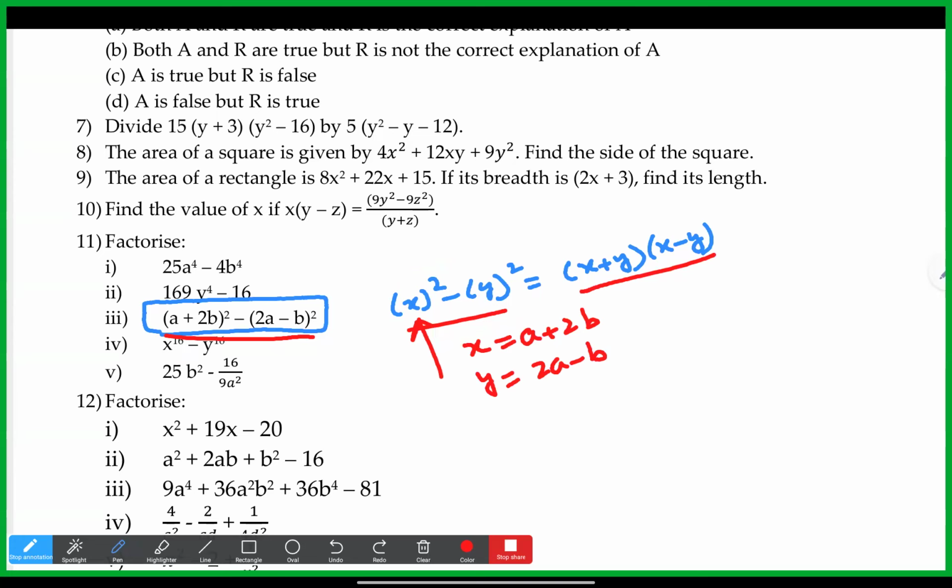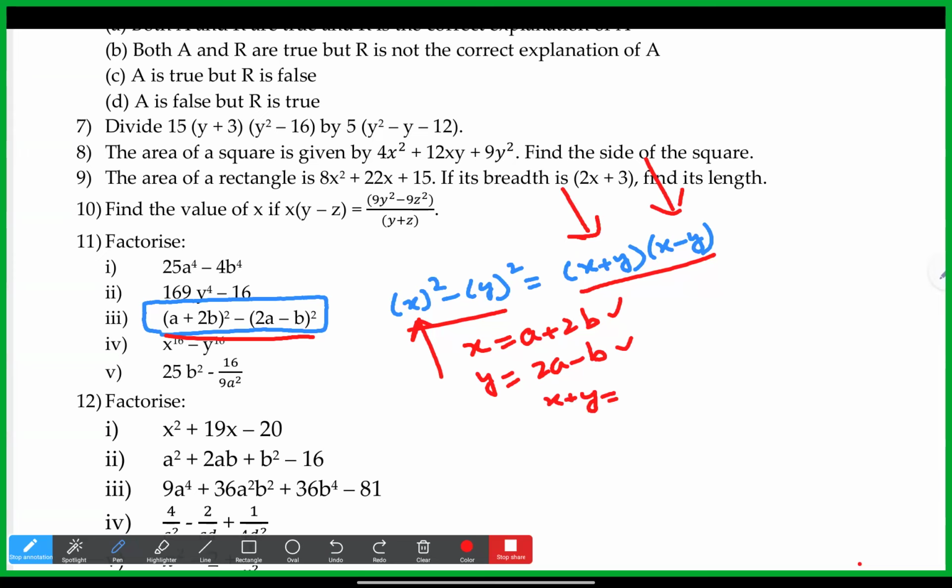Since x itself is a binomial and y itself is a binomial, to not get confused, you can first separately find out x plus y and x minus y, and then multiply them together, instead of writing this lengthy thing at a time.